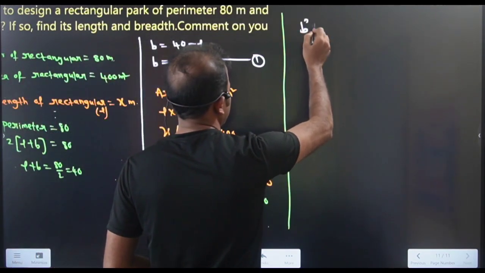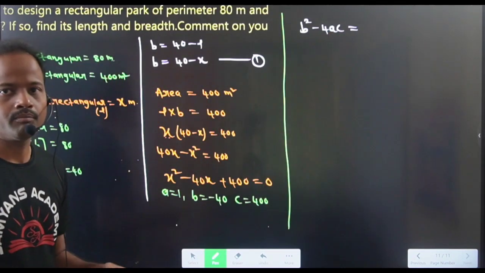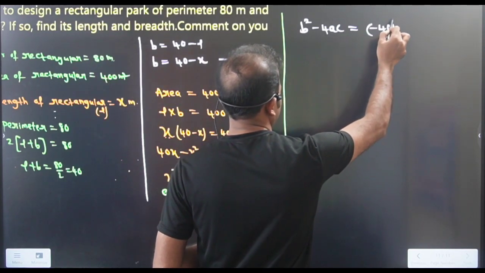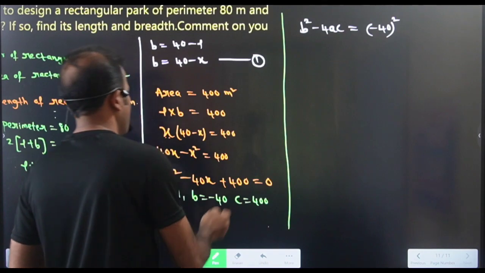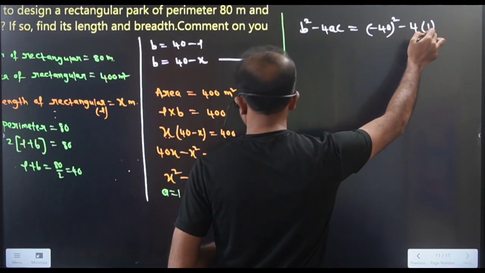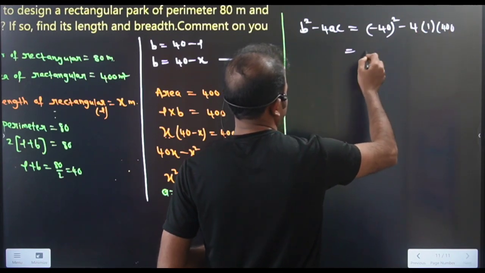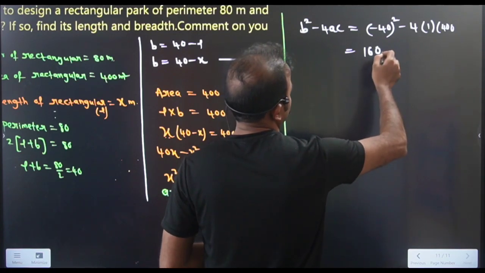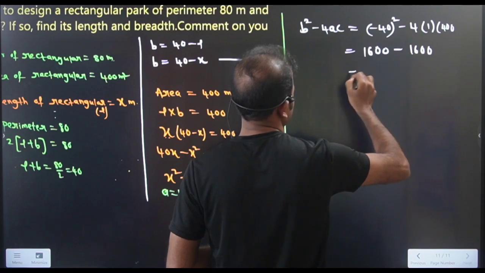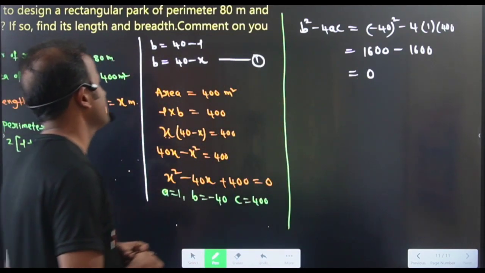Okay, now you see b square minus 4ac equal to, so what is the b value we have here? Minus 40. So minus 40 whole square, and minus 4 into a into c. Minus 4 into a value is 1 and c value is 400. Okay, 40 square is how much? 1600 minus 1600 equal to 0.